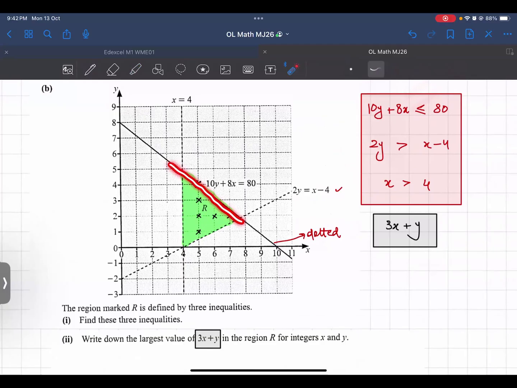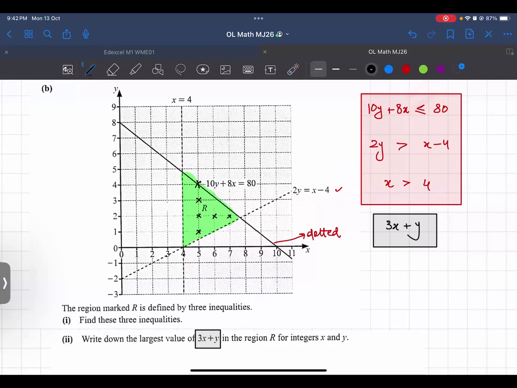The points on this one can be used, but not on this one, because this is a dotted line, so you can't take integer values from it. So these 1, 2, 3, 4, 5 points are the points I can use, the points which have integer coordinates.